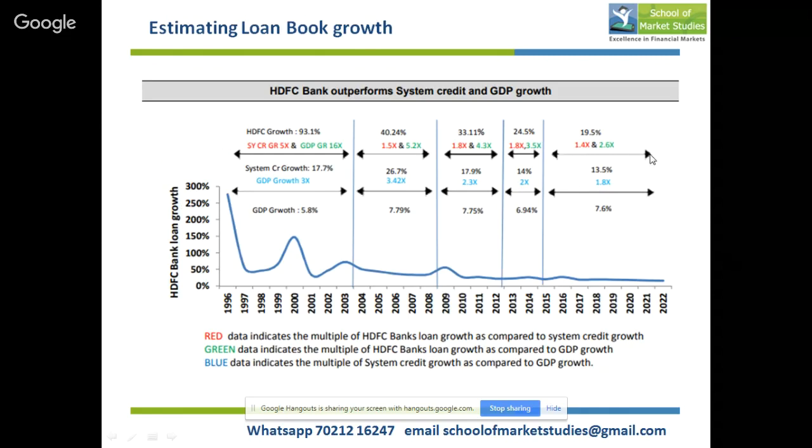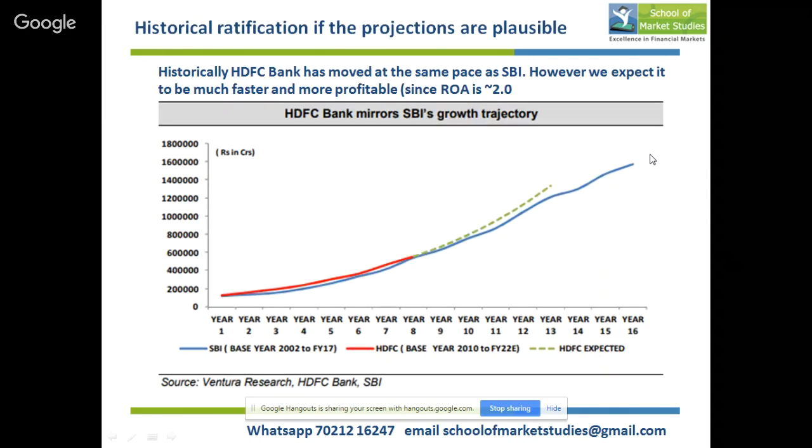If it was a question mark to you, then this graph is clearly answered. So, despite being a huge bank, SBI, HDFC Bank will continue to grow in this manner. And all the other private sector banks, now that the PSU banks are damaged beyond repair, will continue to exhibit this kind of growth. Okay, so from this, what we can make out is that the private sector banks are all set to grow.